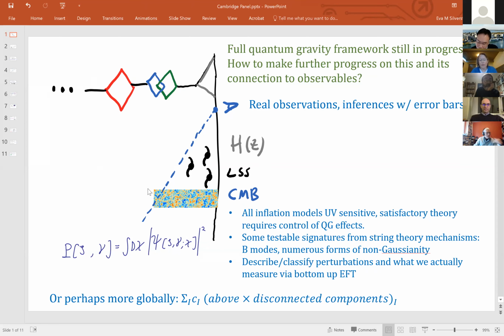And within that, we have a patch that we have some observational access to. And one thing we should keep in mind is just how amazing it is what we are able to glean from that. I mean, it's incredible what we can learn about what was going on, or what was not going on, some 14 billion years ago. This continues to amaze.